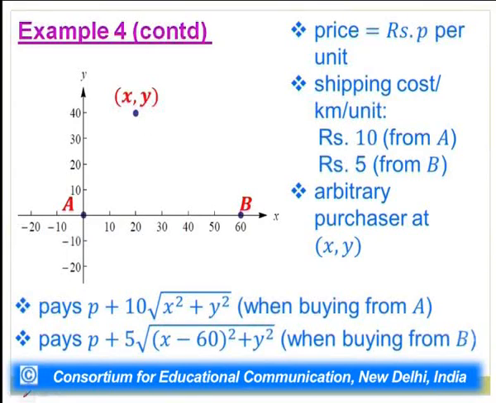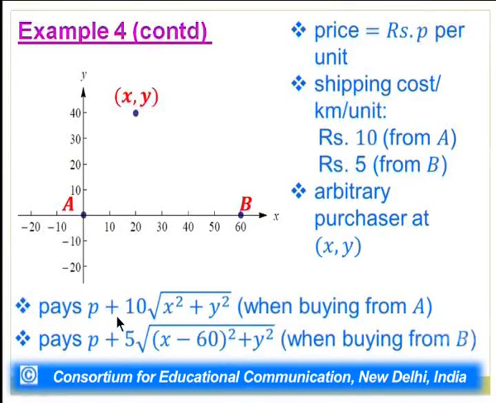Then if this arbitrary purchaser decides to purchase from plant A, he's going to end up paying the price P, which is the price of the product itself, plus he also has to pay for the shipping cost, which is going to be 10 times the distance between plant A and the location where this customer is located.